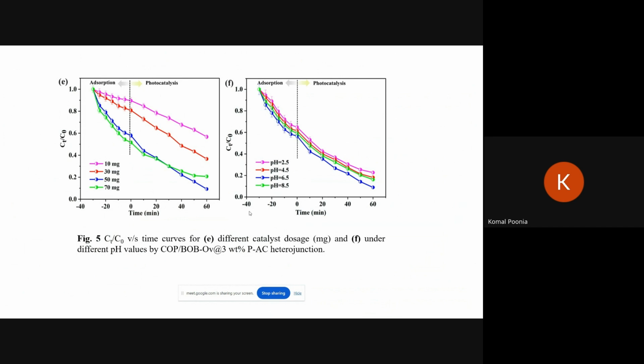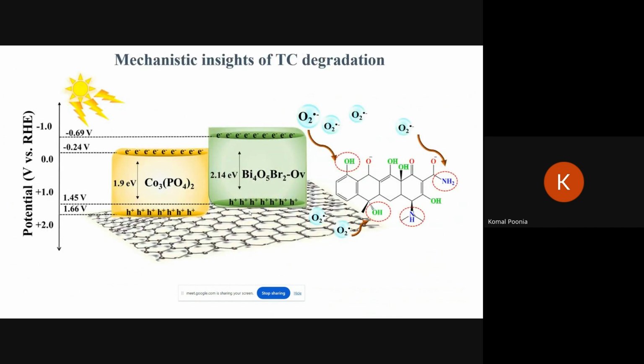This is the mechanistic insight of the tetracycline degradation, wherein we have incorporated the band gap from the Tauc plot and the band potentials of the conduction and valence band from the reported literature. Herein we can see that the conduction band of bismuth oxybromide is more than capable of generating superoxide radical, which can further degrade the tetracycline molecule.